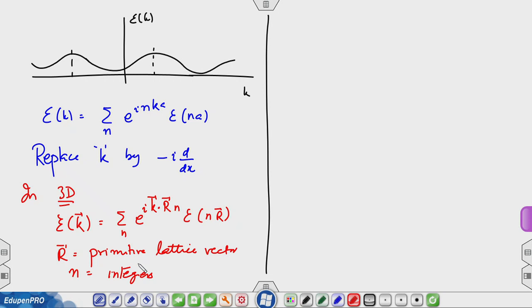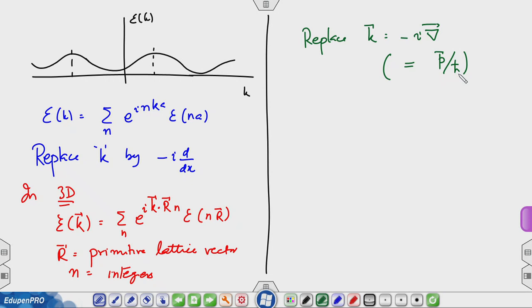Once I have written that, now replace k by minus i del. Now, I remind you that this is equal to momentum operator over h cross, but I am just doing this operation.